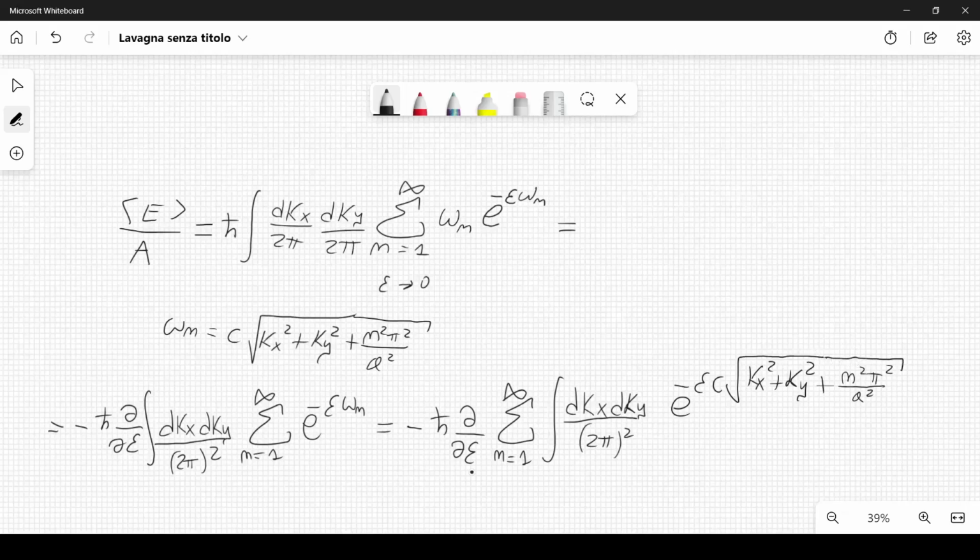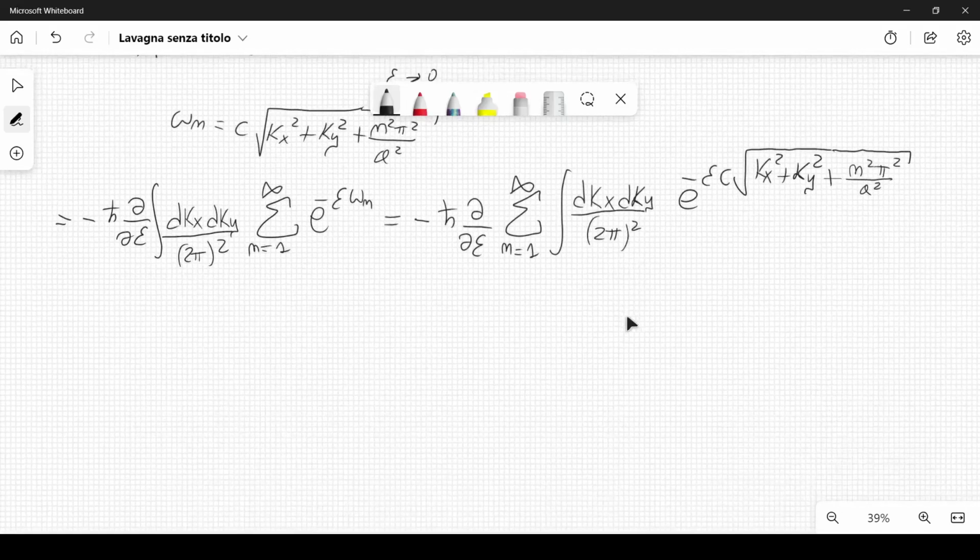And now we're going to use polar coordinates. In polar coordinates, we can set kx equal to r cosine theta and ky equal to r sine theta.